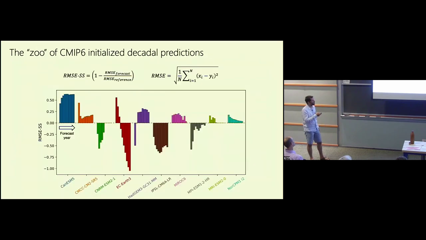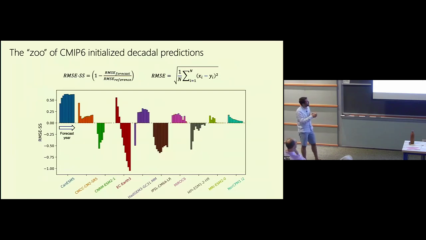And the conclusion so far is that if you believe that fully coupled uninitialized climate models have biases, this is even worse. So these DCPP models are basically doing everything you could imagine. Here we are looking at the root mean square error skill score. So it's a score that quantifies the ability of the model to beat a climatological root mean square error, if you like.